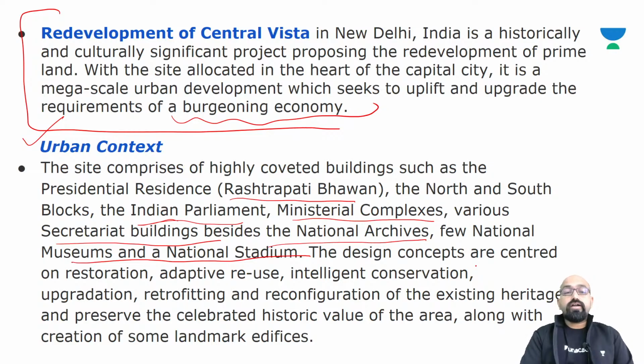The design concepts are centered on restoration, adaptive reuse, intelligent conservation, upgradation, retrofitting and reconfiguration of the existing heritage, and preserving the celebrated historic value of the area along with creation of some landmark edifices. So this is our responsibility or duty to create new landmarks with historical importance and conserve our historical monuments.